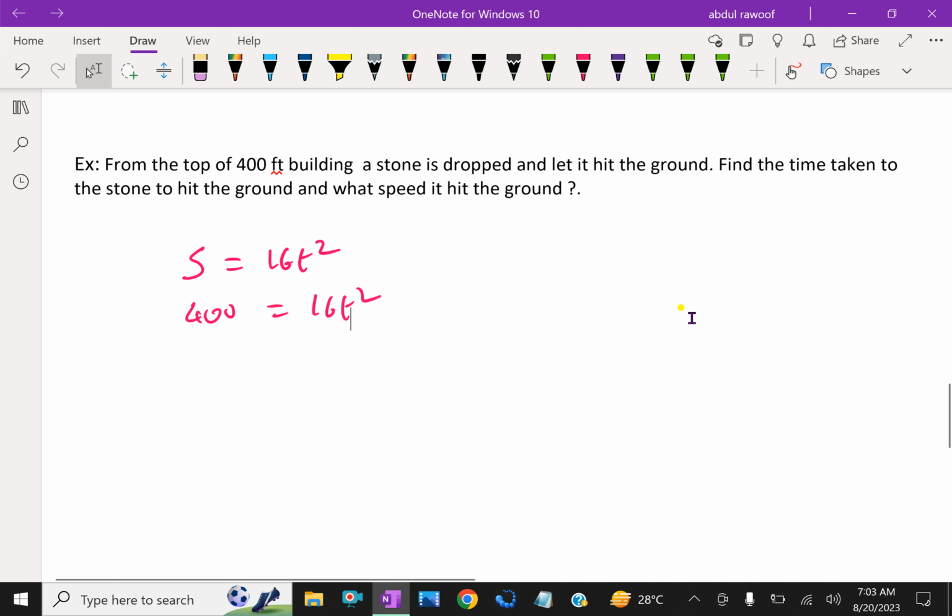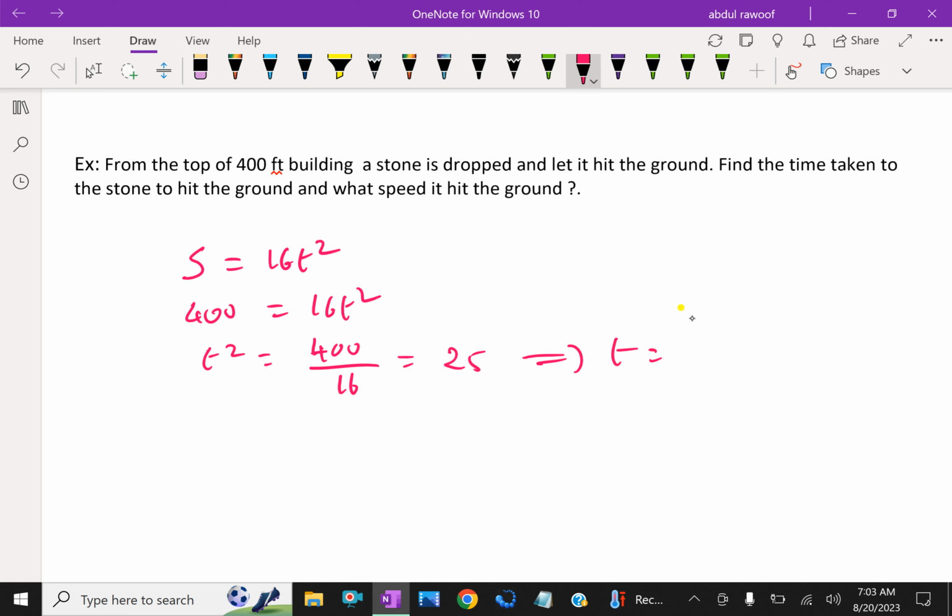From this, t square equals 400 over 16 equals 25. Therefore, t equals the square root of 25 equals 5.